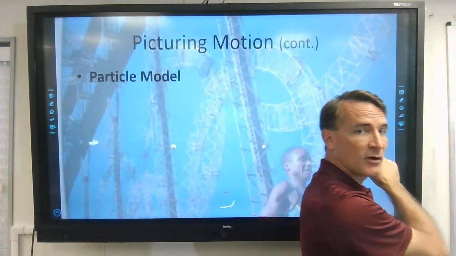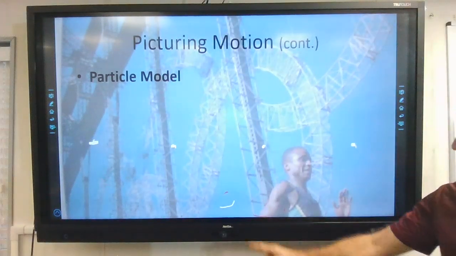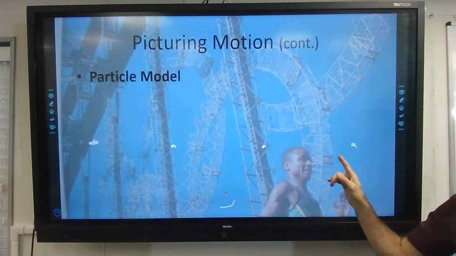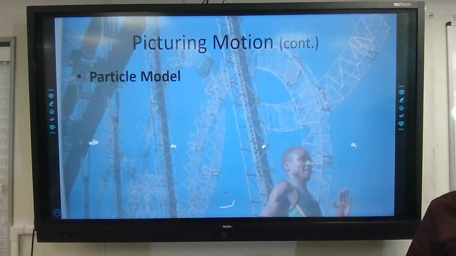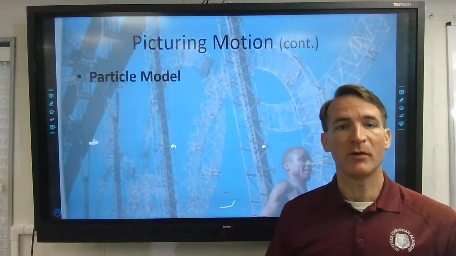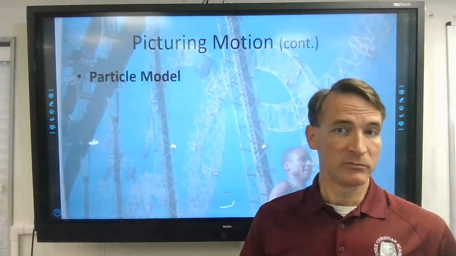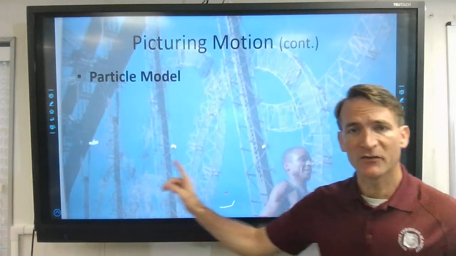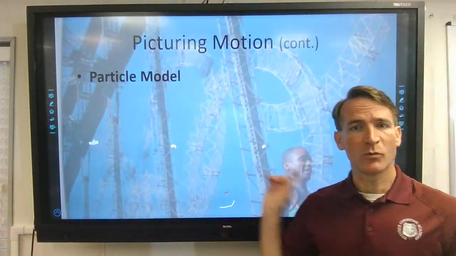So as I walk across, my shoulder kind of ran into it there, you can see a particle model of my motion. Now, normally rather than every step, I would do it every second or a certain amount of time that passes by. But for the sake of showing you what it does, this is what it would look like.